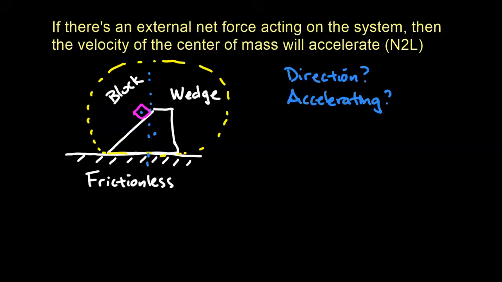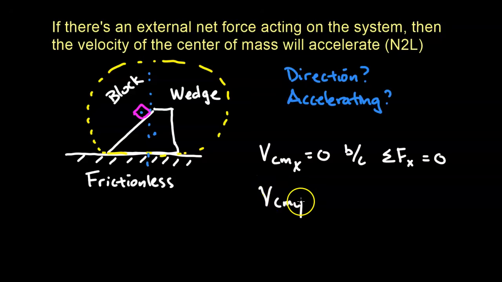So we're saying that the center of mass velocity in the x direction is 0 because the horizontal net force in our system is 0. However, what about vertically? Well, vertically, the center of mass is actually moving downward because gravity is an external net force vertically, pulling the block down.